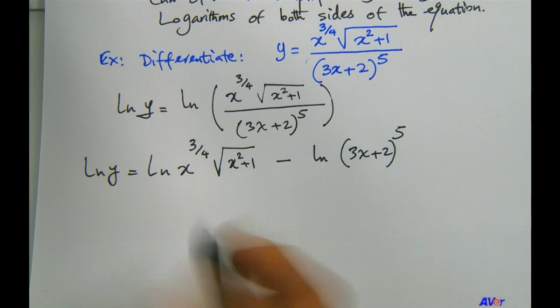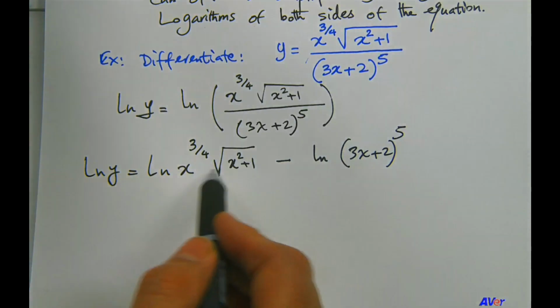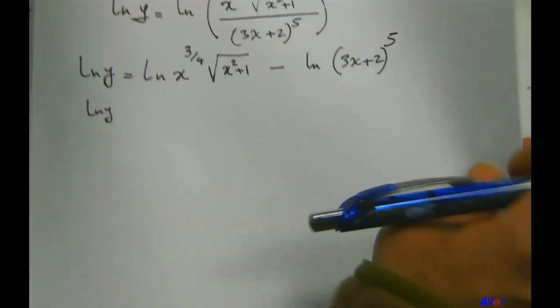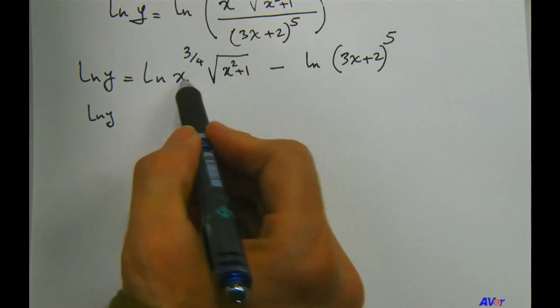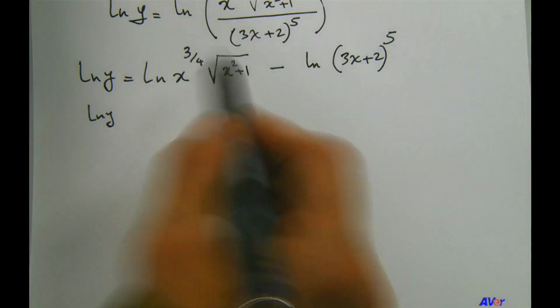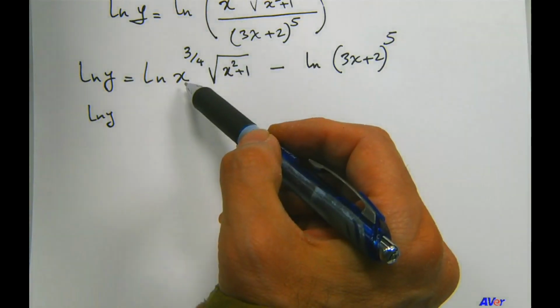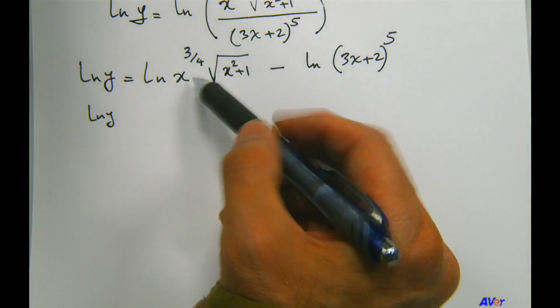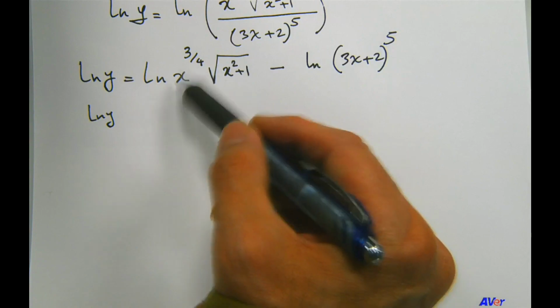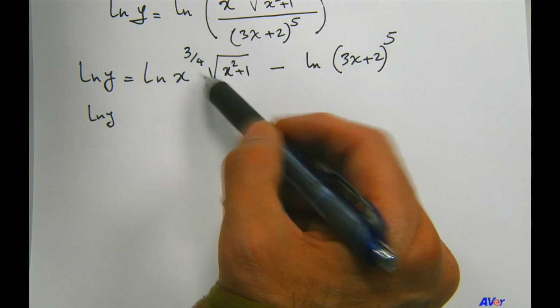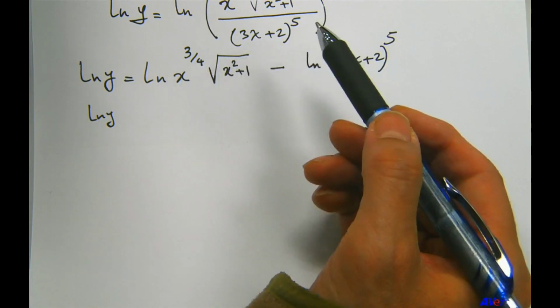Right? So, okay, we can do more to simplify the right-hand side. So what can we do? We can say that this x to the 3/4 power is being multiplied by that, so again, using the properties of logarithms, we can change this to addition of two terms. Go from product to addition using the property of logarithmic expressions.